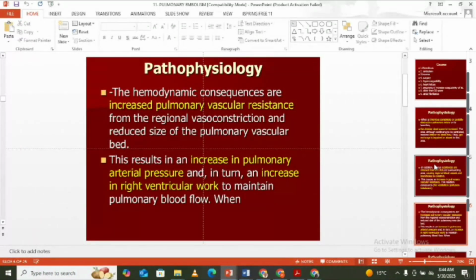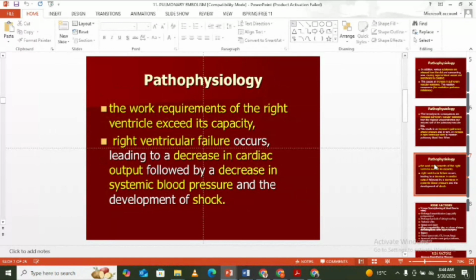That means the right side of the heart, the right ventricle through which blood goes into the pulmonary artery, their workload will be increased, trying to push blood past that embolus that is clogged in the pulmonary artery to get to the lungs.